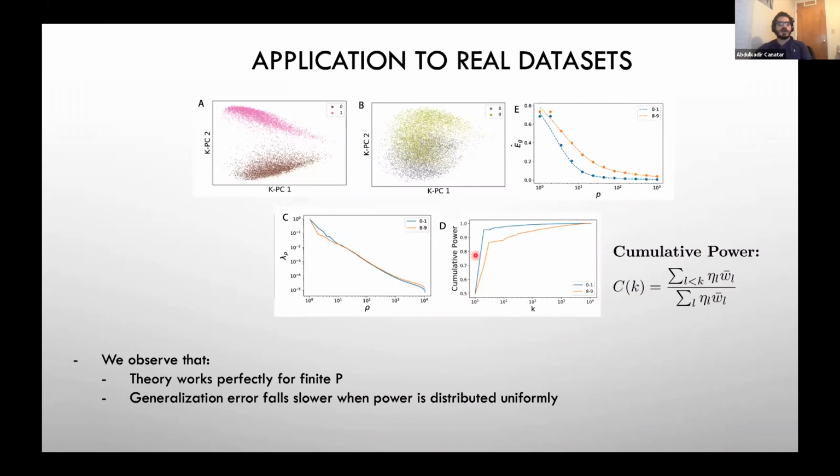What we see is that the 0-1 task places most of its power in the first few modes, while the 8-9 task is more uniformly distributed in terms of power. So there's more power in higher modes. And what we observe is that generalization error falls slower when power is distributed more uniformly over all complicated features too.